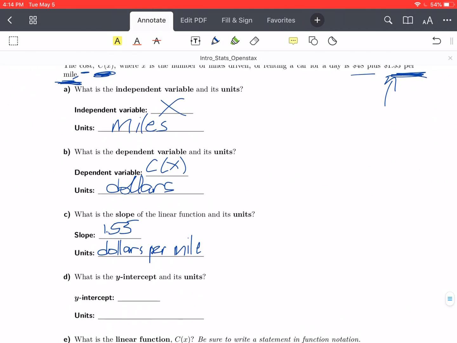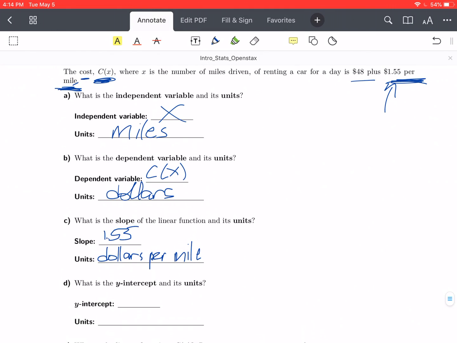And then the y-intercept, this is what we would like to call the initial value. This is our starting point. So when the number of miles we've driven is 0, what is our initial value? How much are we paying? That would be $48. Because no matter what, you're going to pay $48 to rent the car for a day, and then you will additionally pay $1.55 per mile.